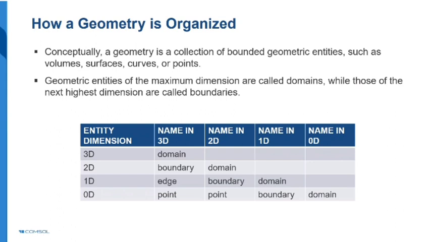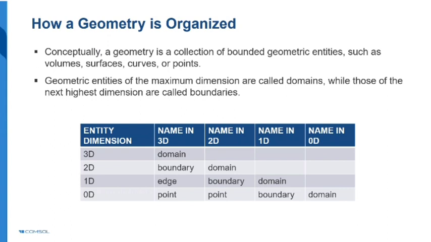So just to recap the first section, how geometry is organized in COMSOL. We discussed what we mean by domain, boundary, edge, etc. The geometric entities of the maximum dimension are called domains, while those of the next highest dimension are called boundaries. In 3D, the maximum dimension is 3D, and hence the volumes are called domains and the surfaces are called boundaries.